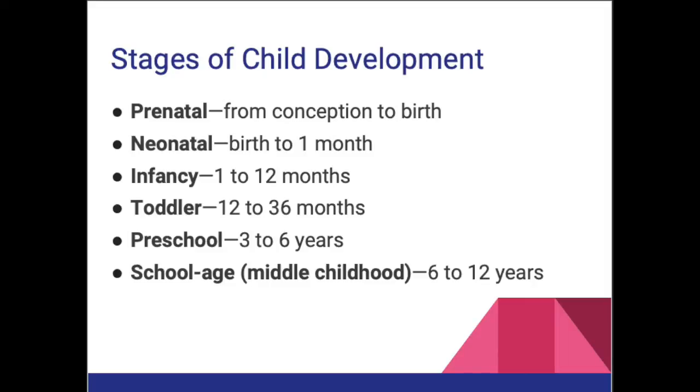They master the basics of reading, writing, and math. School age children will interact with their peers more and learn a lot by group instruction. During this stage, it's really important to learn self-control. Before the end of the school age stage, children have rather stable feelings about themselves, and they know how others feel about them too. So those are just some brief overviews of some major things that happen during each of the developmental stages.